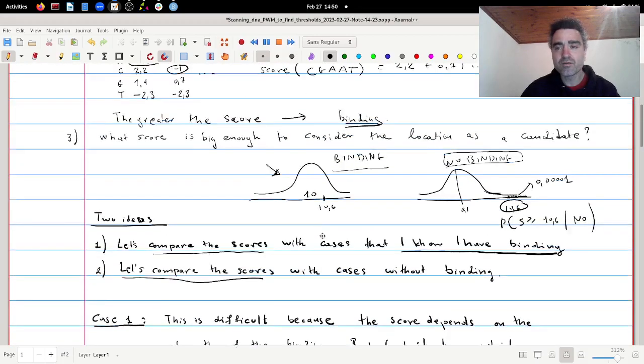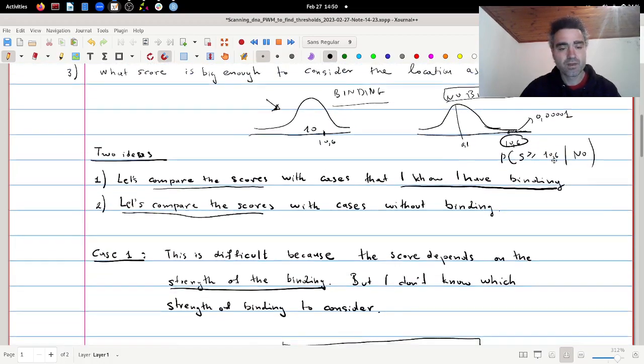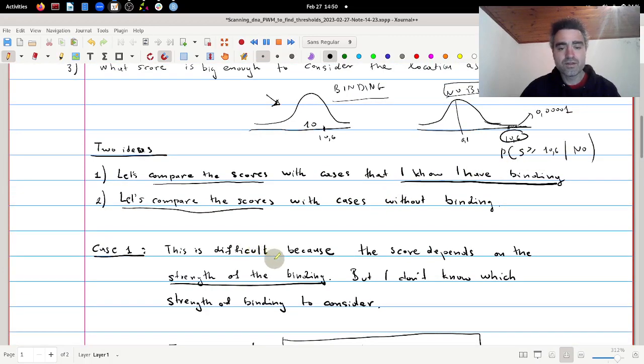Now remember that we said before that a protein might bind to DNA with some affinity, which might be small, might be large, but it's a parameter, and this parameter is unknown. So this is difficult because if we want to compare our score with some binding cases, we have no idea what kind of affinity to use here.